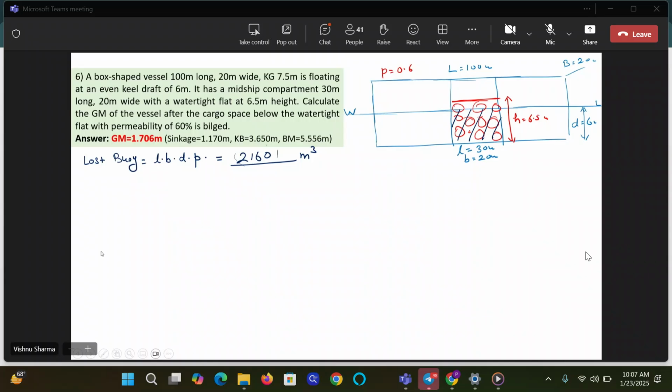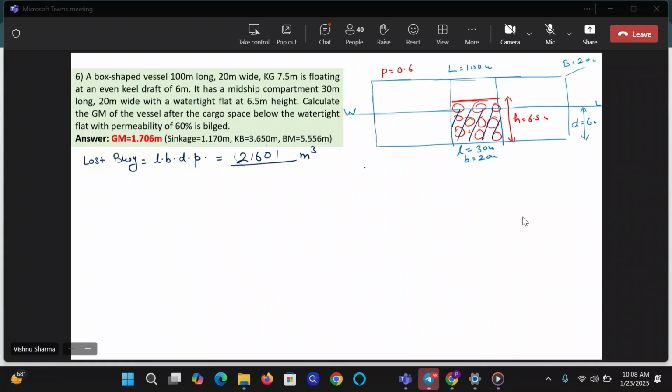Guys, so what will we do? First, we'll find out how much buoyancy the vessel will regain if the water line is in line with the flat. That means if the draft becomes equal to H. Now from WL to H, I'm sure you'll agree with me that there will be a loss of water plane. So what am I drawing?